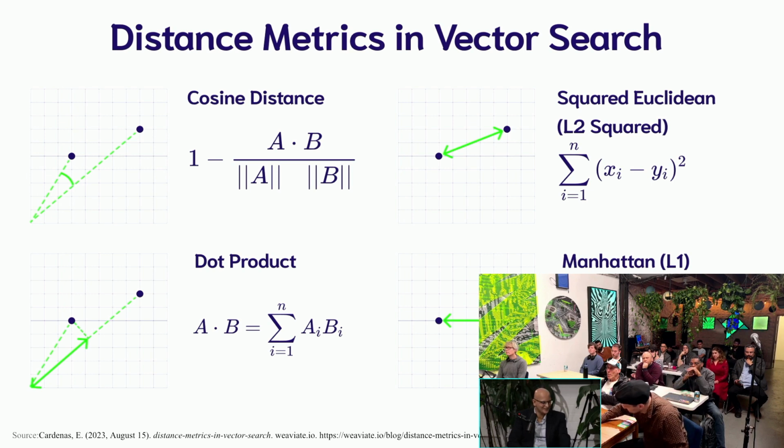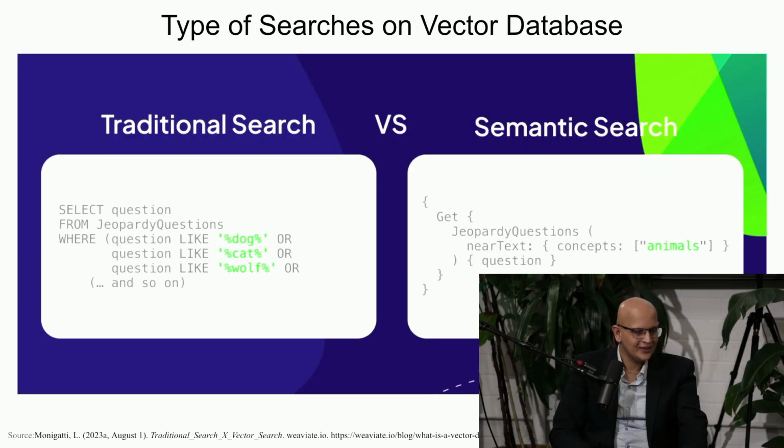Yeah, awesome. Love it. So next, what sort of searches can we do on vector databases? So these searches can be converted into two different types. One is like traditional search. This is like the SQL that you use, right?